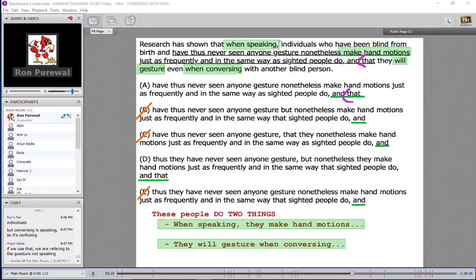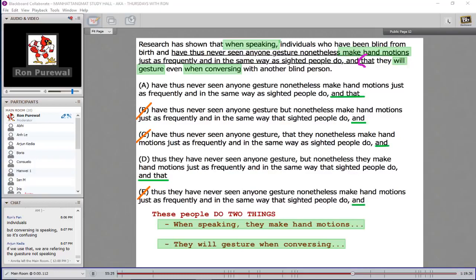I mean, we can just mark up the original. That entire thing, starting with that, is the second parallel structure. And so the first parallel structure goes all the way back to the first instance of that, which is exactly what we want to do.